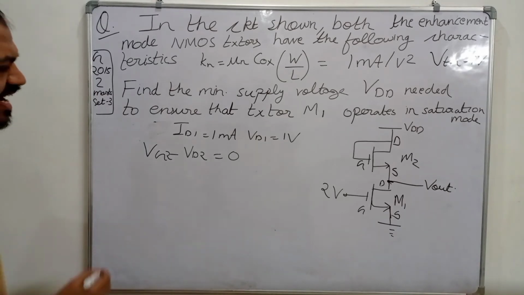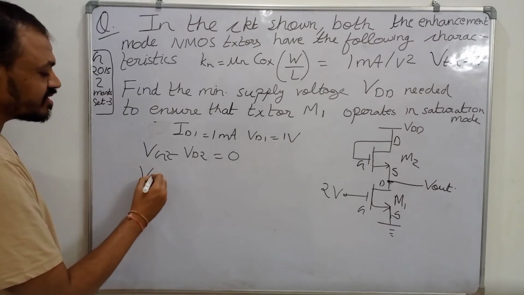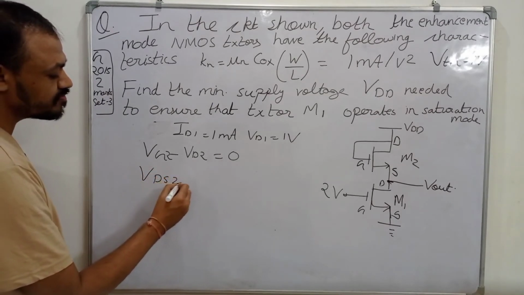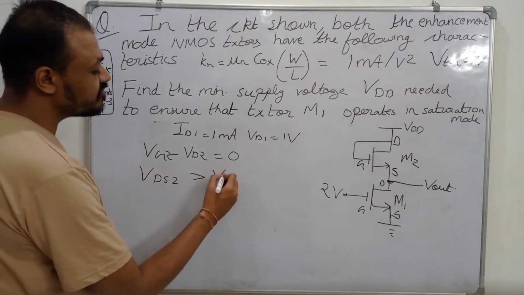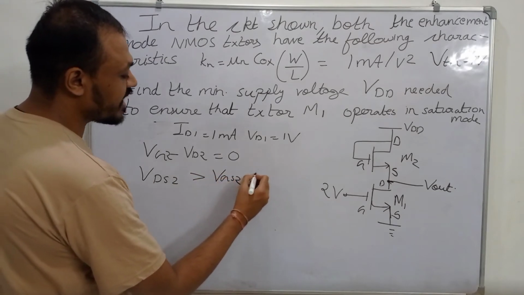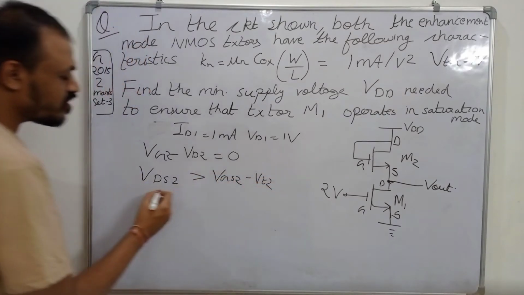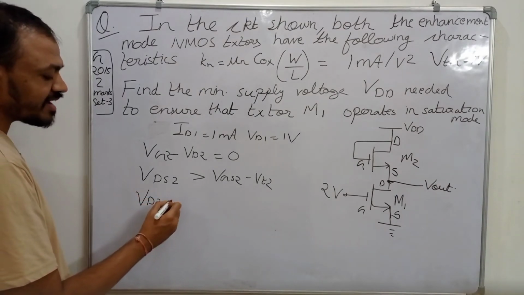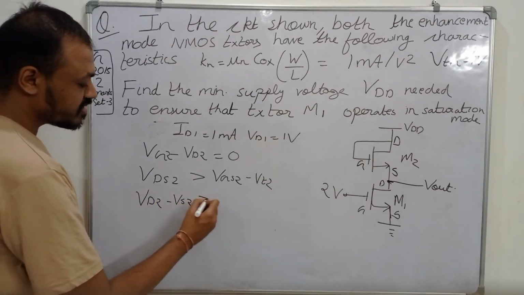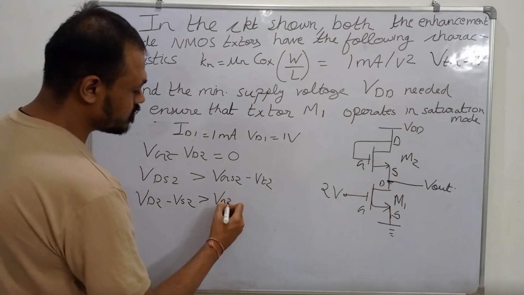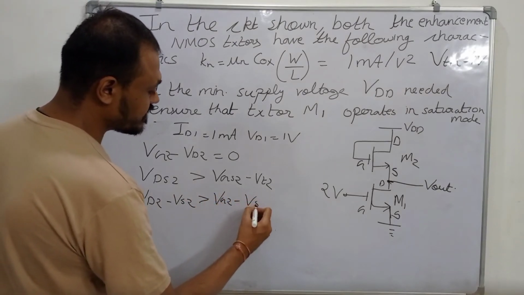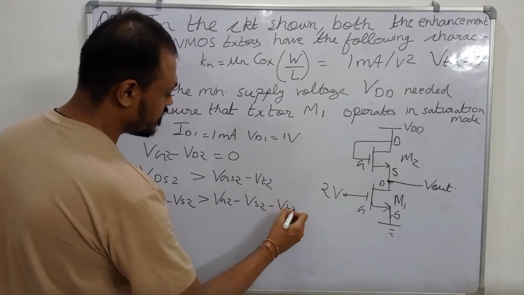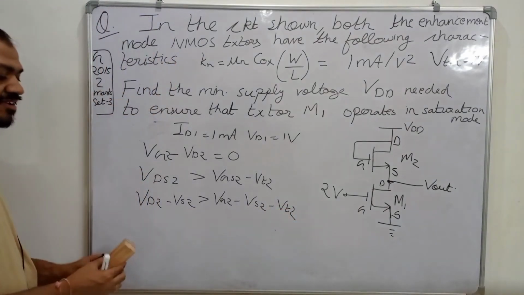So if you clearly see, VDS2 will be greater than VGS2 minus VT2, because VDS2 we can write as VD2 minus VS2, which is greater than VG2 minus VS2 minus VT2, and VS2 on both sides will cancel each other.